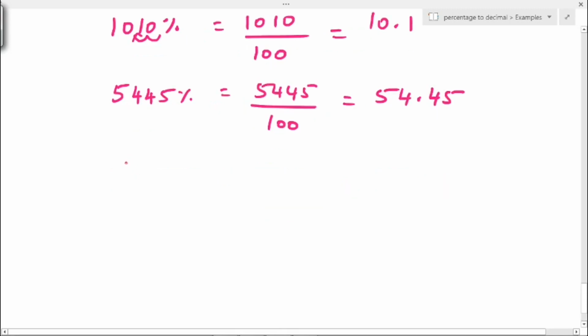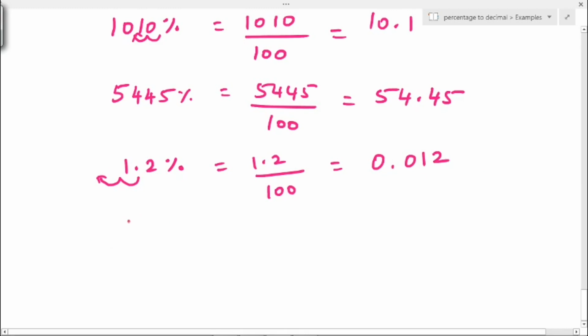Next, if we have 1.2 percent, the given number is already in decimal form. For this we first write 1.2 divided by 100. Here we start from this decimal point. So that is 1 and 2. And in this gap we fill 0. So the answer is 0.012.